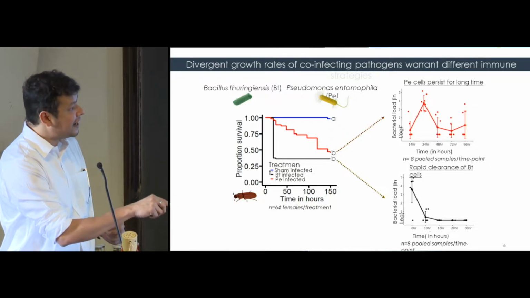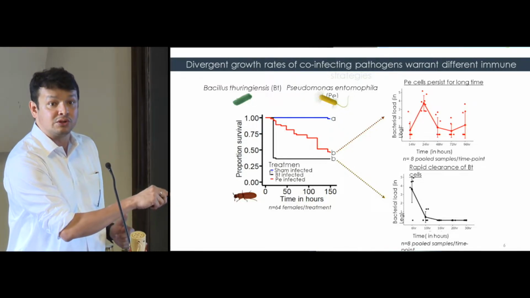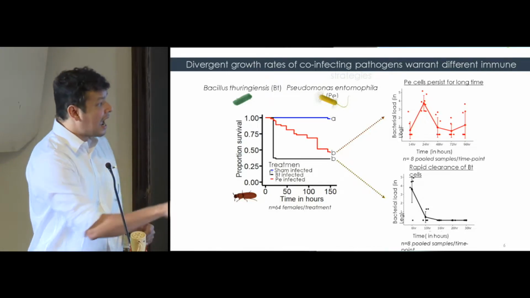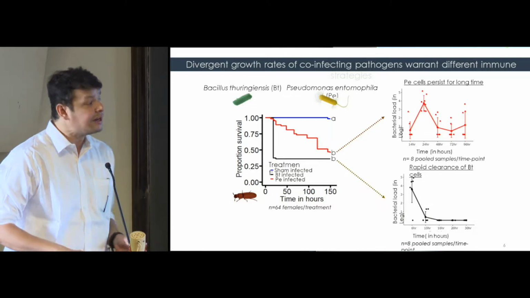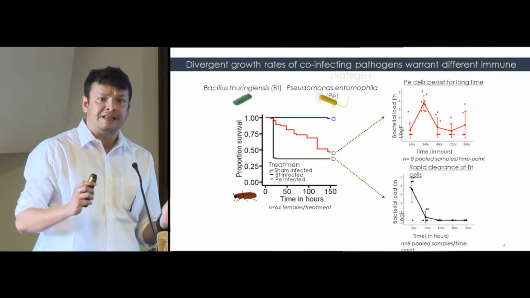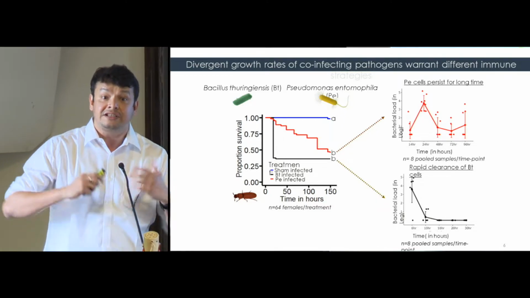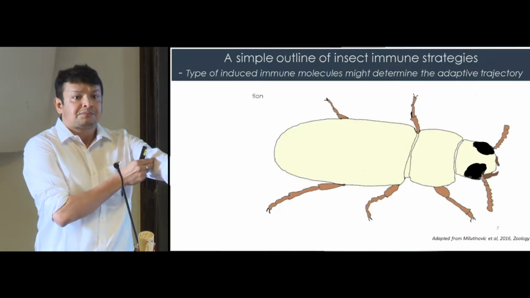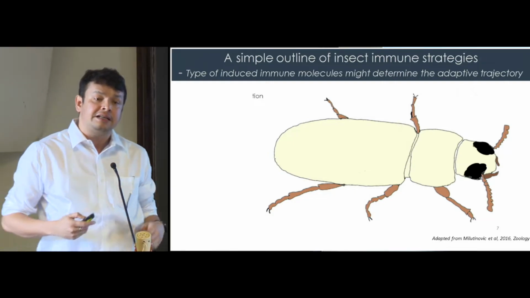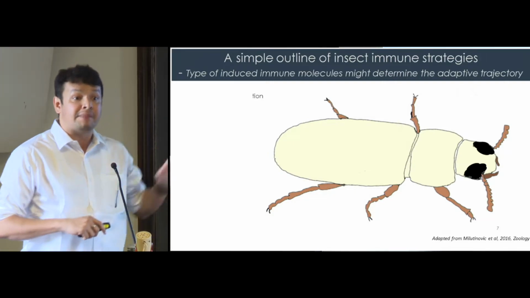It reflects how it responds to its survival also. The mortality is very quick and hosts are also clearing the infection very fast. So in a way, I can safely say that their growth dynamics and infection dynamics are likely to be different.